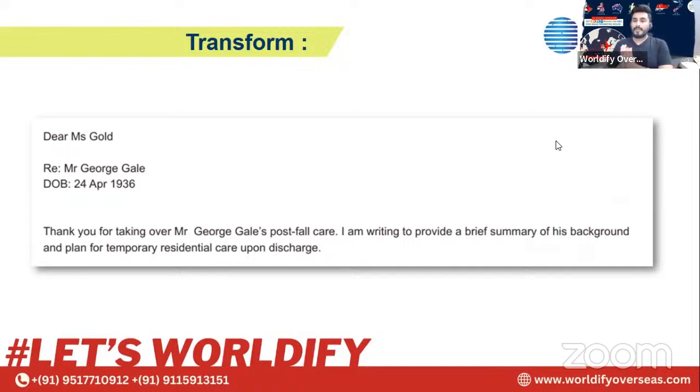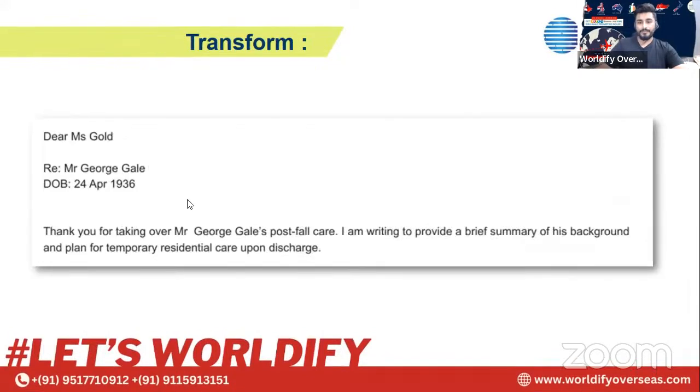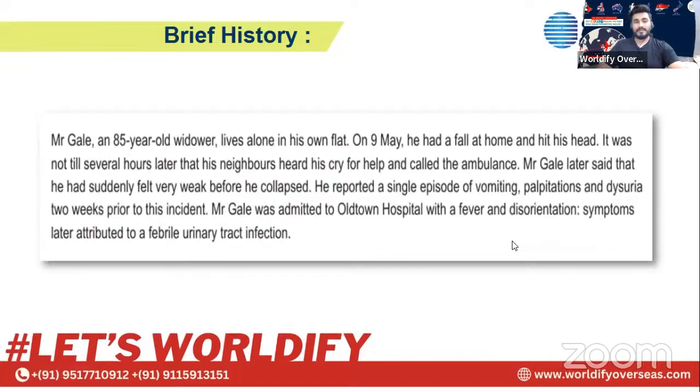The first part is the background now. This is the background here. And if I talk about the grammar here, it's very simple. I'm writing, it's present continuous. That's what we use. I'm writing to provide, nothing else, nothing fancy here, but accurate. Remember that.